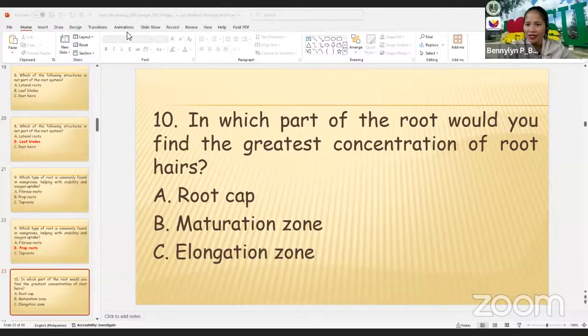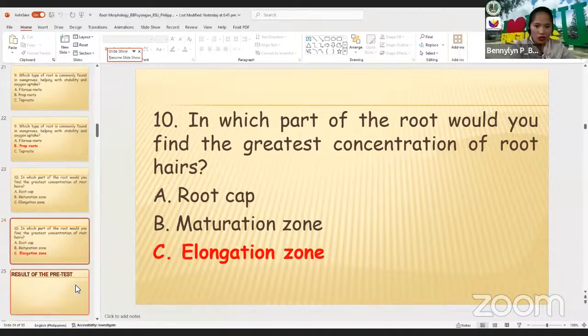Okay, C is a guess from Anthony. The correct answer for number 10 is elongation zone indeed. So that is just some pre-test on root morphology before I proceed to the main discussion.